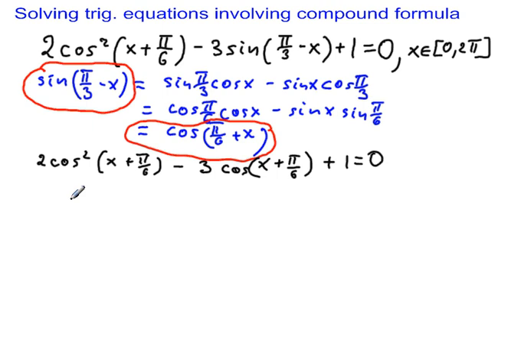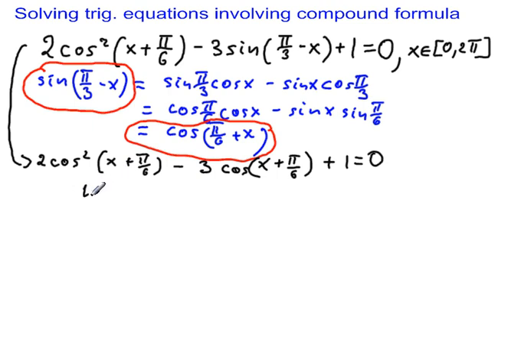So this is why this equation will be modified slightly. The first term is unchanged, sine of pi over 3 minus x is replaced with that, and everything else we just copy. So now we have a quadratic type of equation, where we'll say that cosine of x plus pi over 6 will be replaced with a new variable.